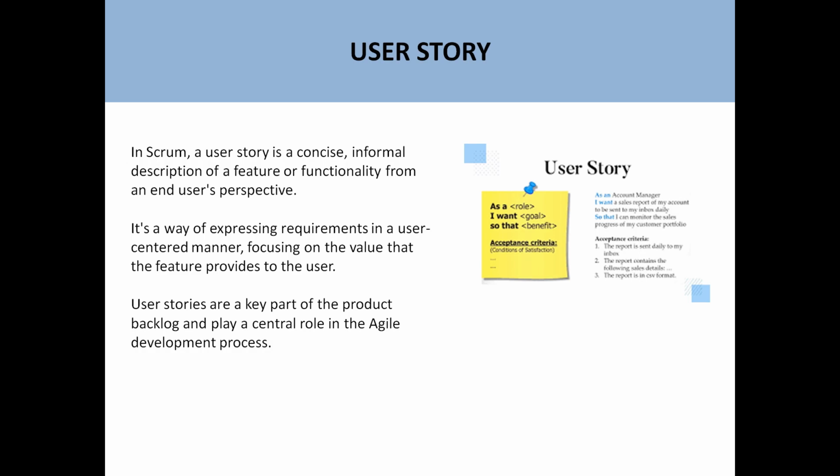The product backlog is basically the collection of all the user stories, the collection of all the features required for the completion of a project. So for example, if there are 40 features in an e-commerce solution, the product backlog will contain the 40.